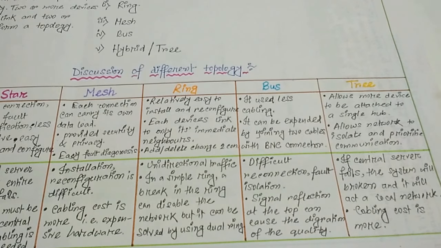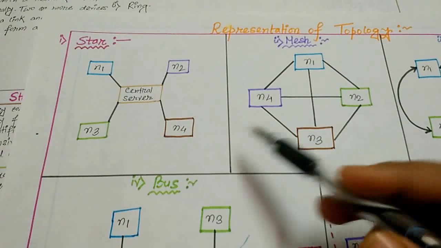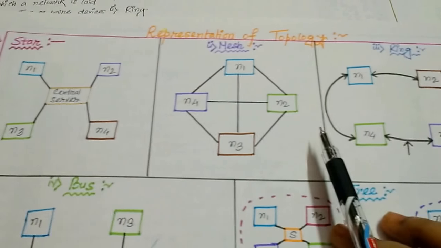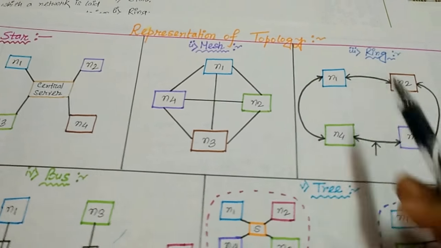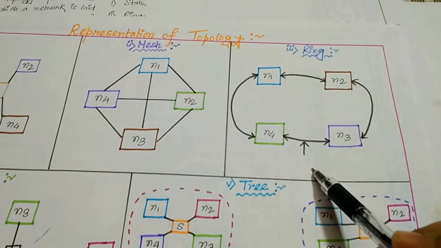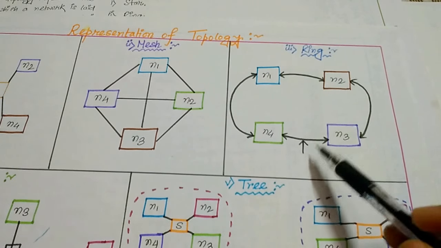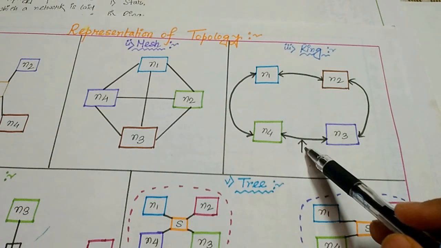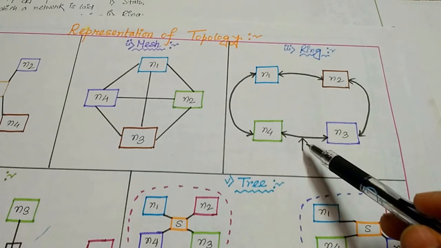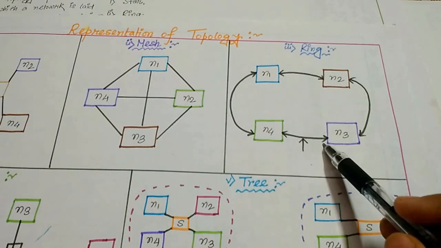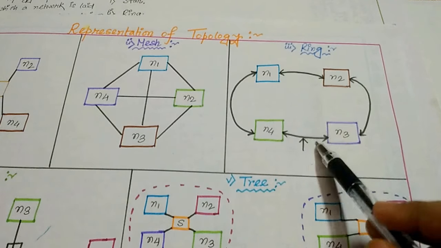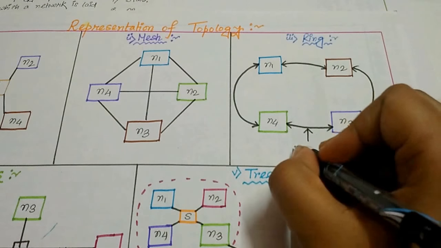I would like to show the diagrams again. This is our star topology. This is mesh topology. This is ring topology. Oh, I'm sorry, I forgot that the bidirectional connection is known as a repeater.